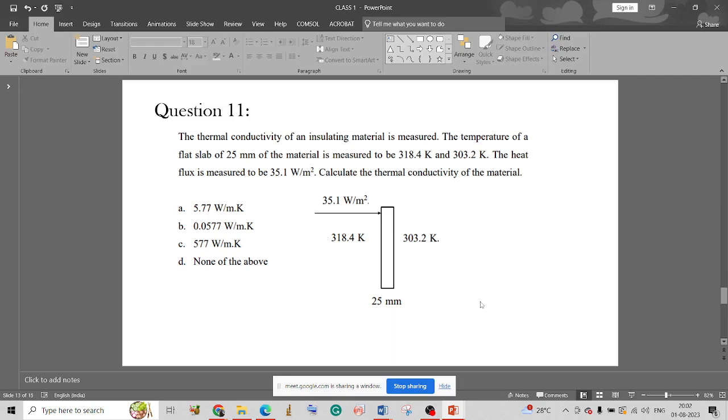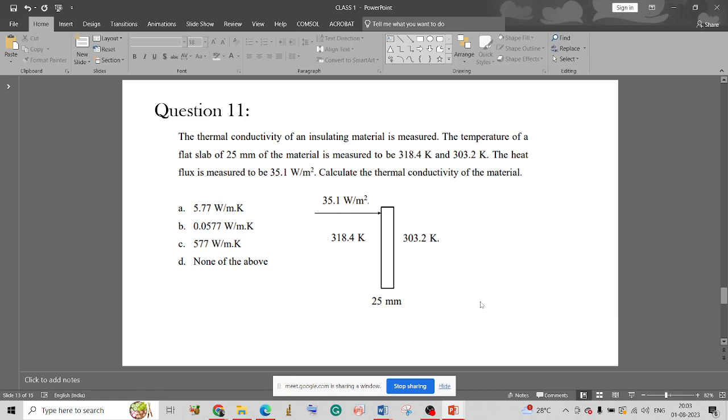Okay. So this is yet another problem. The thermal conductivity of an insulating material is measured. So we have to find out the thermal conductivity here. The temperature of the flat slab of 25 mm of material is measured to be 318.4 Kelvin at one surface and 303.2 Kelvin on the other surface.